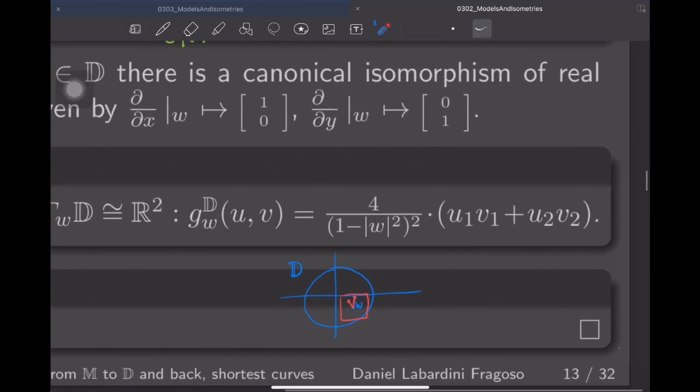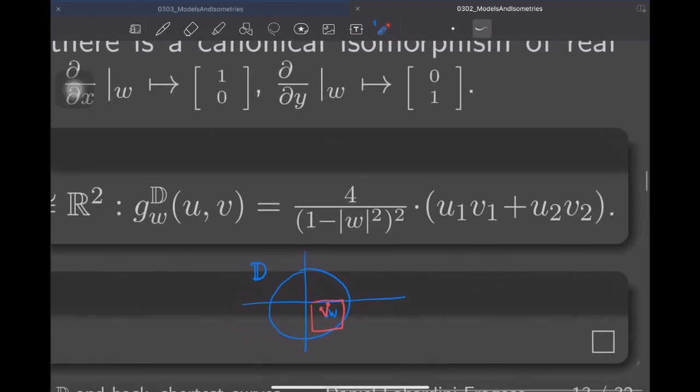So you see here, in the Poincaré disk, the inner product of two vectors is the usual Euclidean inner product times 4 times something squared. And then when I take the square root for the length, this square goes away, and what I obtain is just this 2.